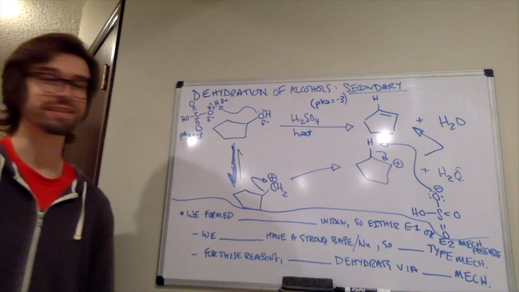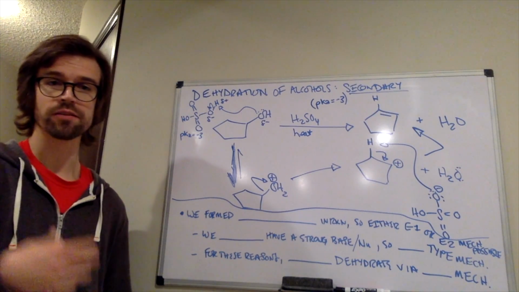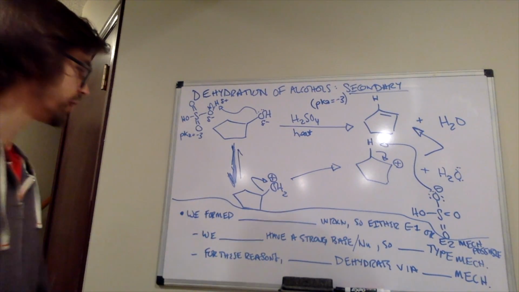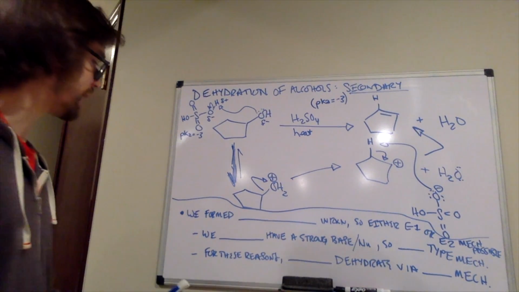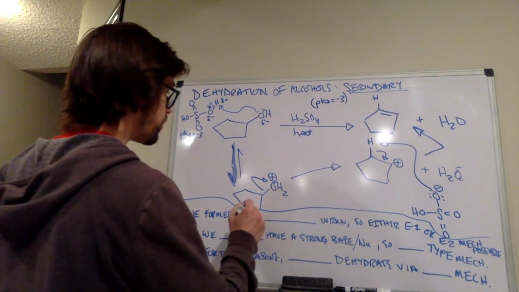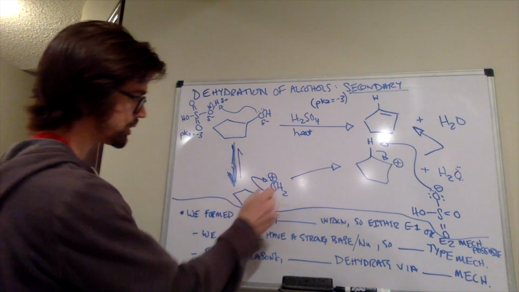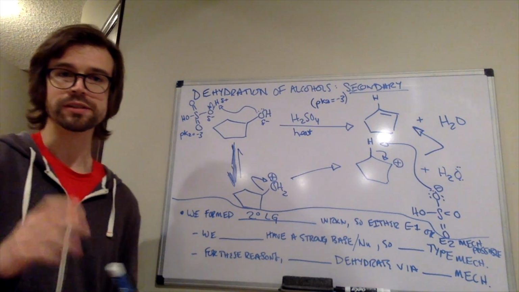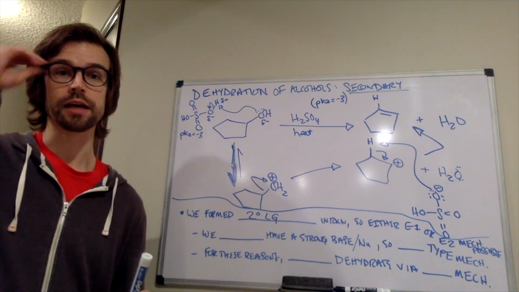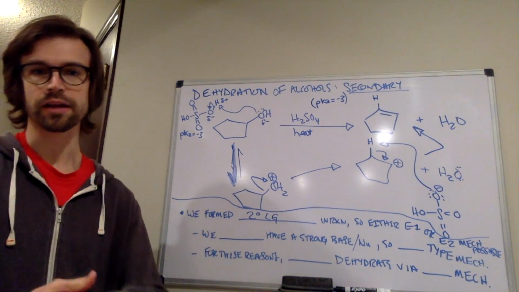All right, so analyzing this reaction based on our previous ideas of elimination and substitution chemistry, essentially we formed a secondary leaving group, a secondary LG, this is it right here, in the reaction. And what we said about alkyl halides when they were secondary is they can undergo unimolecular or bimolecular reactions.